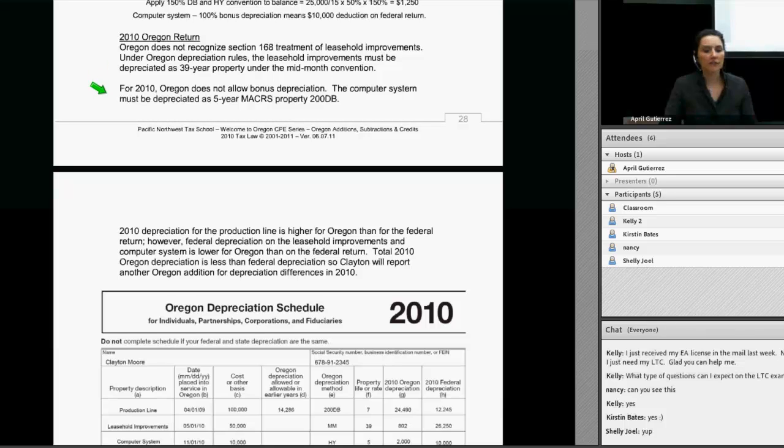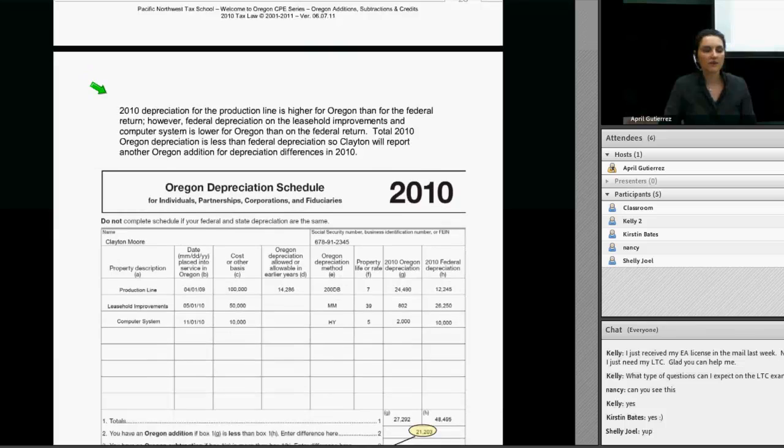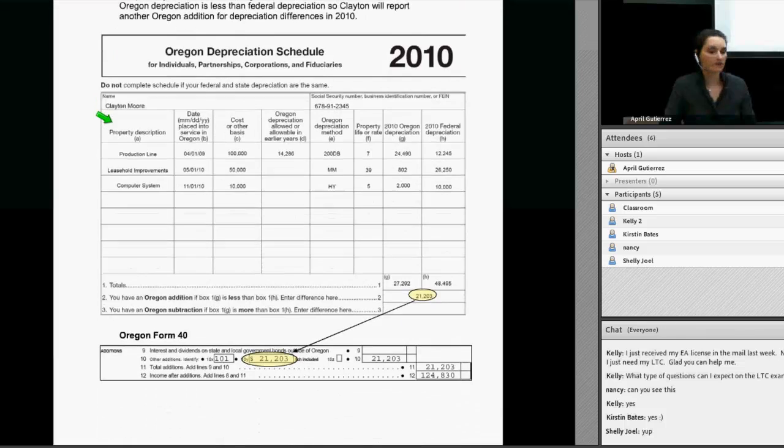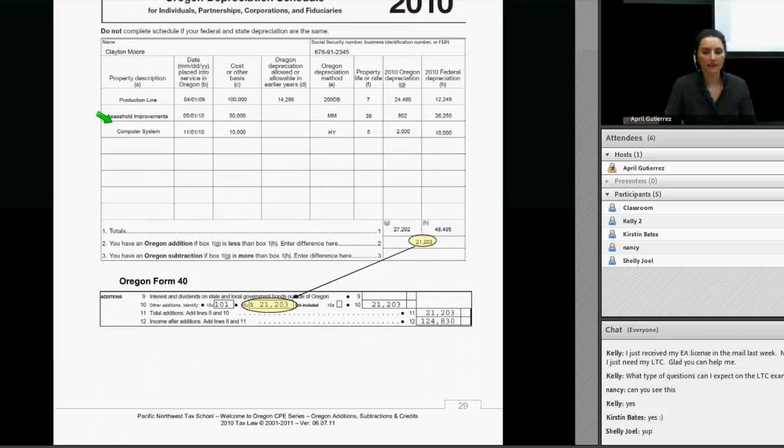The computer system must be depreciated as 5-year MACRS property, 200% declining balance. 2010 depreciation for the production line is higher for Oregon than for federal. However, depreciation for the leasehold improvements and the computer system is lower for Oregon than on the federal. Total 2010 Oregon depreciation is less than federal depreciation, so he has another Oregon addition in 2010.